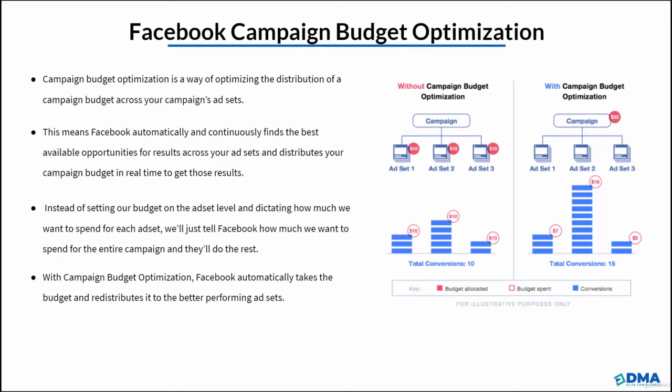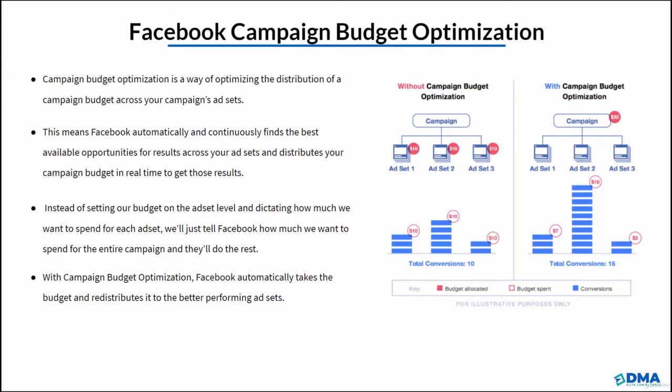If we look at the image to the right, we can see that we have one campaign that is being run without the campaign budget optimization, and the other campaign is being run with campaign budget optimization. What you'll notice in the first one is we have $10 a day for the ad set, and we have 3 different ad sets.